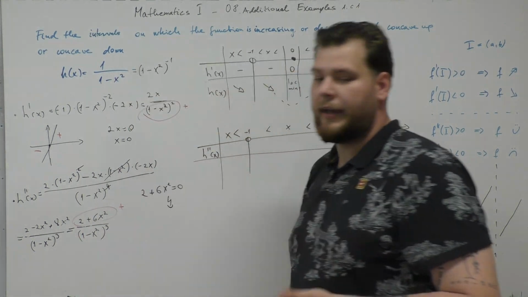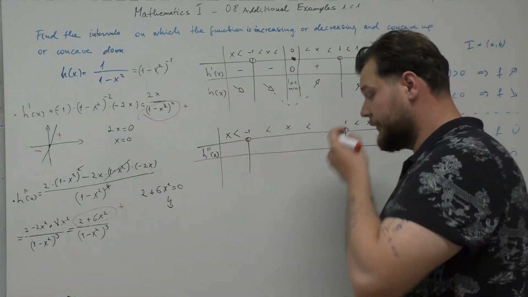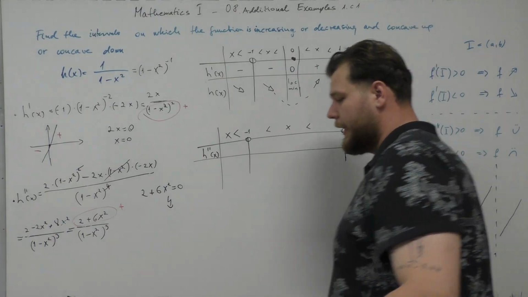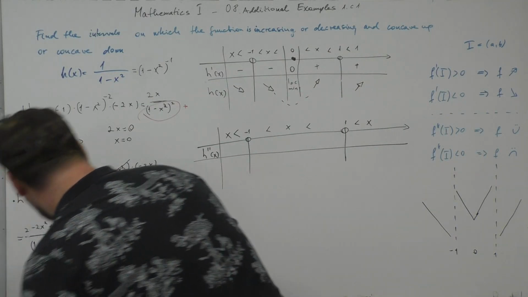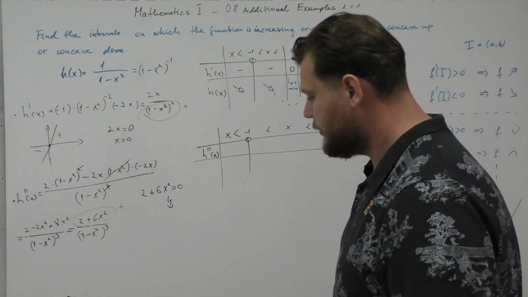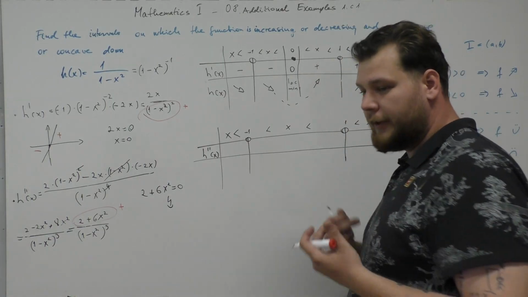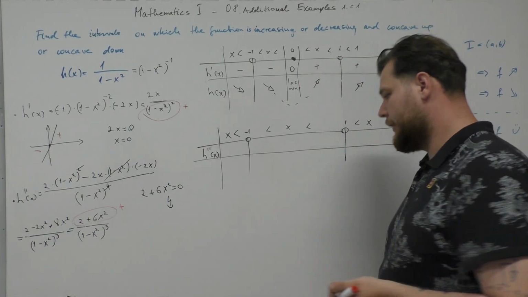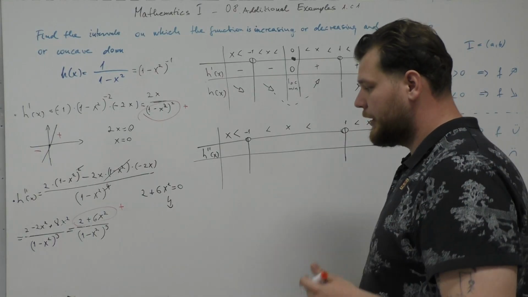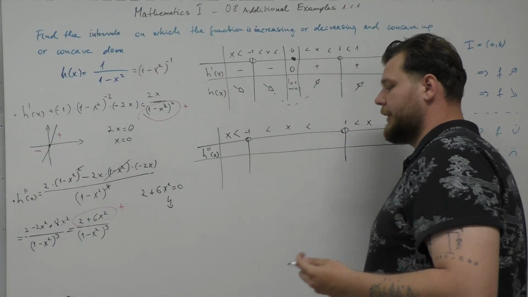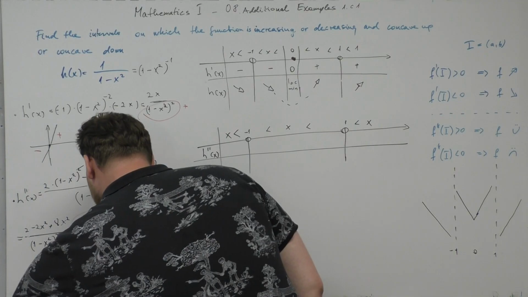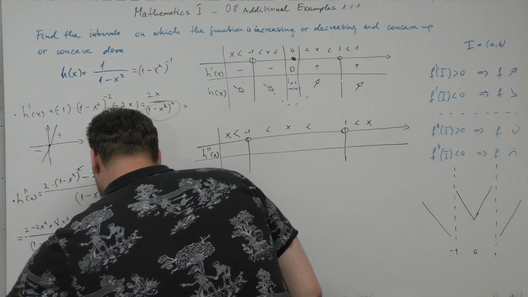At the bottom we have a composite function, and the outside function is a cubic function which doesn't change the signs of the values. Therefore, we only have to consider the inside function, which is 1 minus x squared.